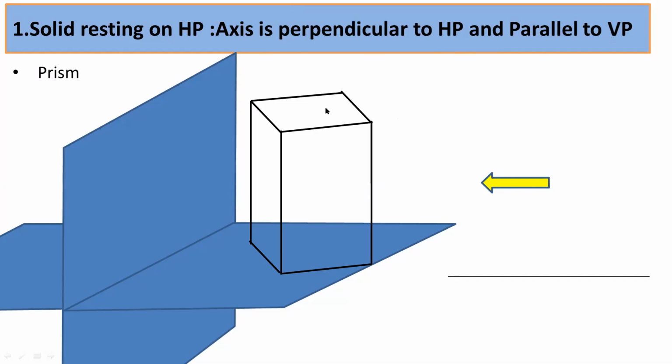In the given position, the base edges of this prism are equally inclined to the vertical plane. Equally inclined means they are at 45 degrees with respect to the XY line.